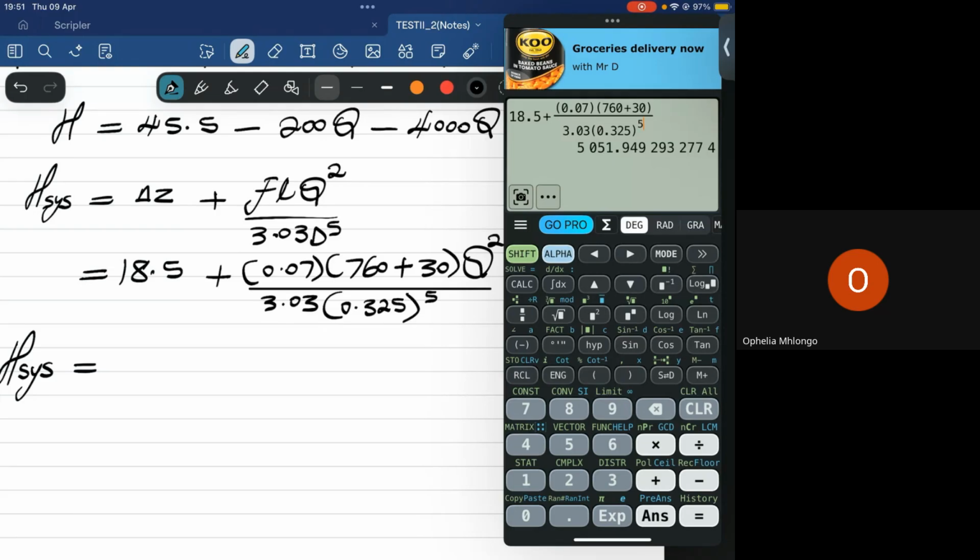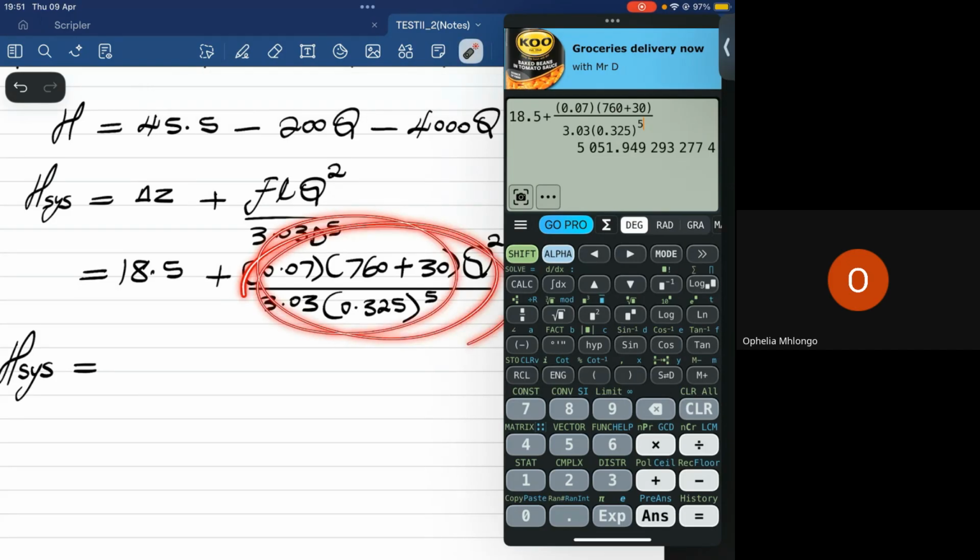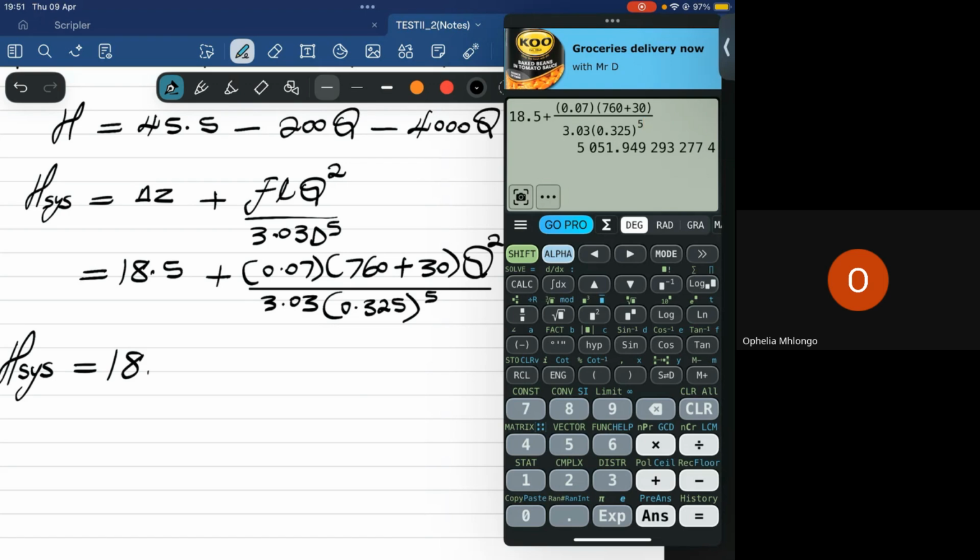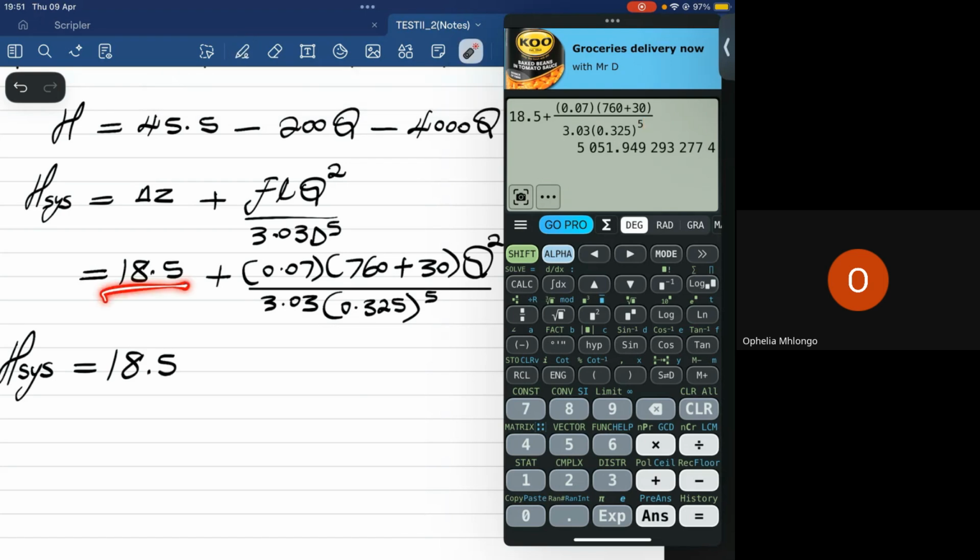Okay. Wait, actually I wasn't supposed to include this 18.5 because it's not part of this expression. Sorry. Let's leave 18.5 here as it is.